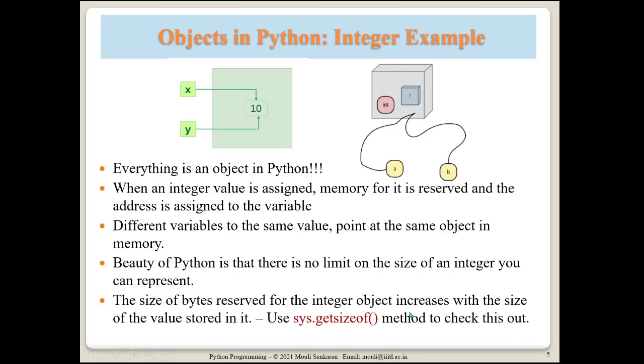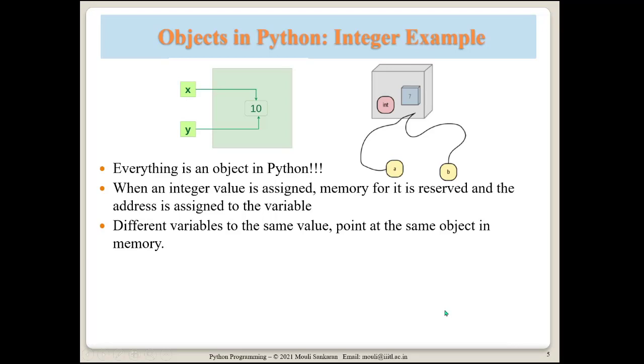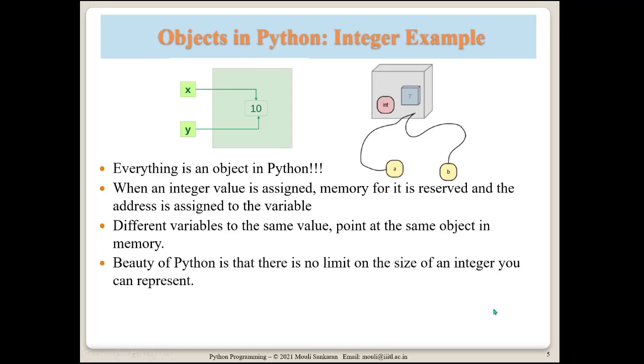I will come to the string also soon. There are so many things that need to be talked about with strings. One similarity between integer and string is that both are immutable.